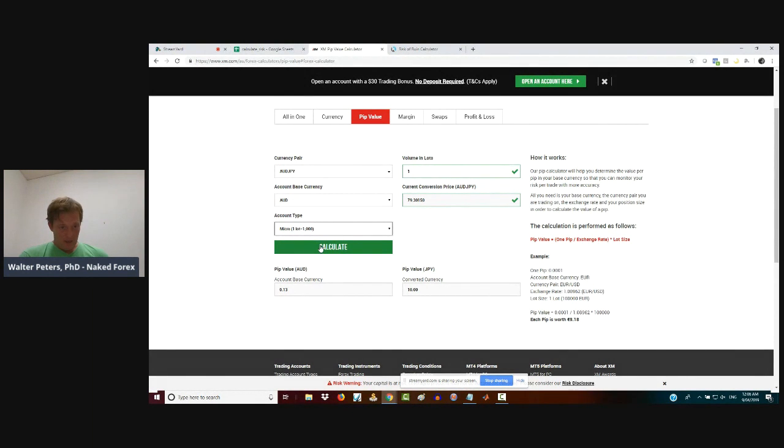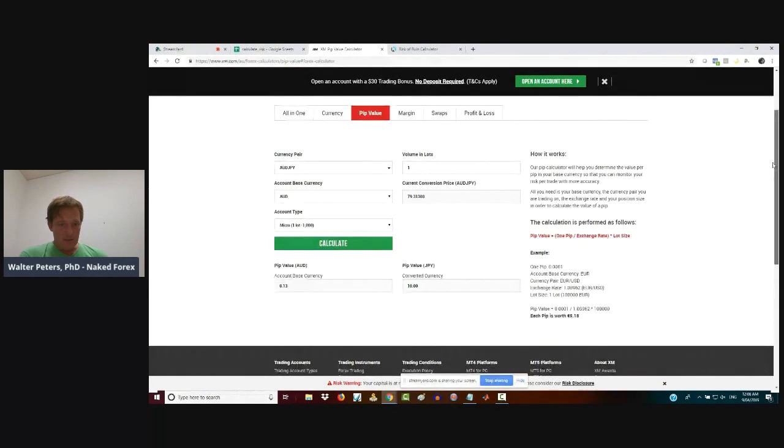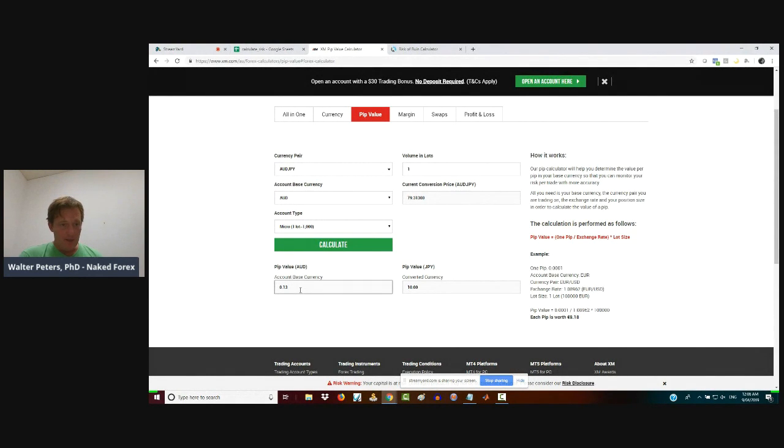So what would be my pip value? This is going to calculate it for me. You can just look up a pip calculator on the internet, and they're all pretty similar. You can see here that the pip value is 13 cents. So each pip movement up and down on the Aussie yen is worth 13 cents.